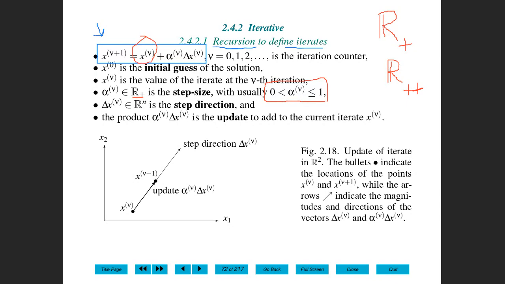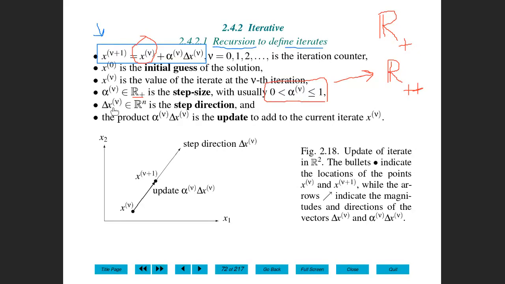In general, if you have the set of real numbers with no plus, that means negative, positive, everything is there. If you put one plus, negative numbers are out of the question, but 0 is possible. If you put two plus, then 0 is also not possible. We use this because 0 is not possible; if you put 0, it won't make sense.